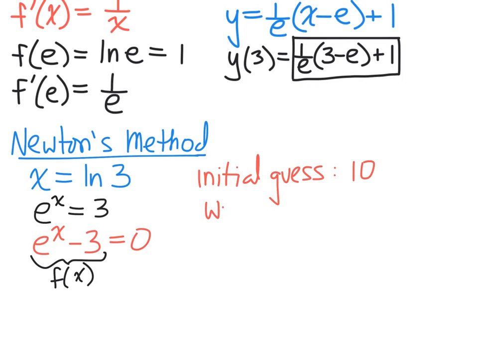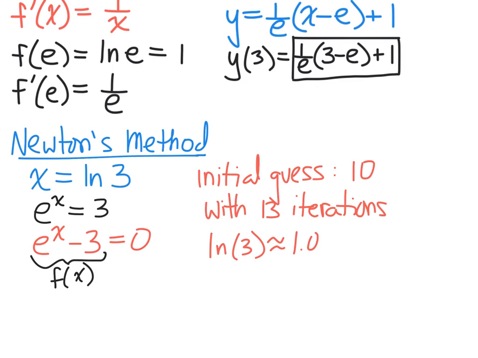Initial guess of 10 with 13 iterations. And so we get the natural log of 3 is approximately equal to 86.